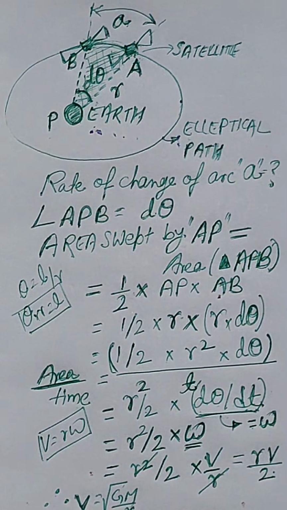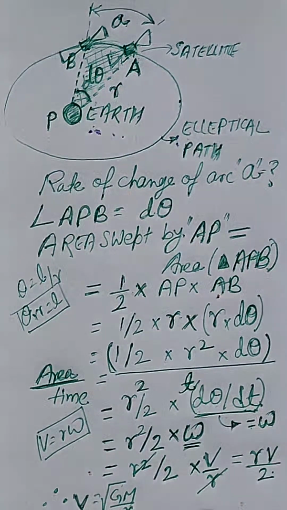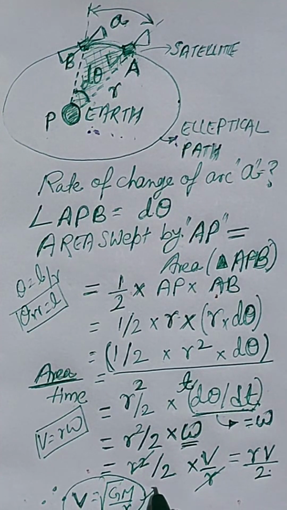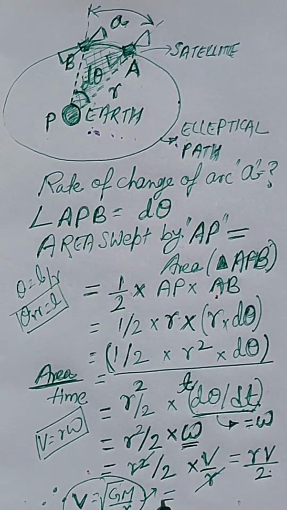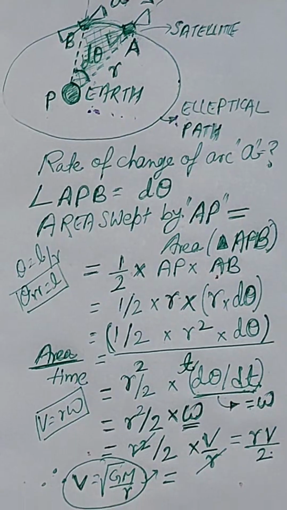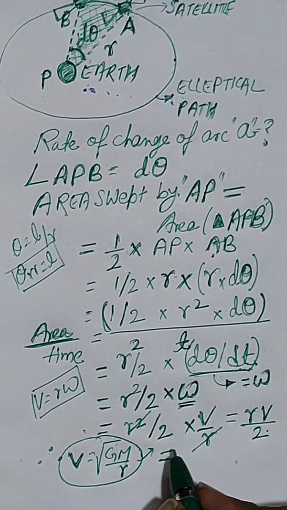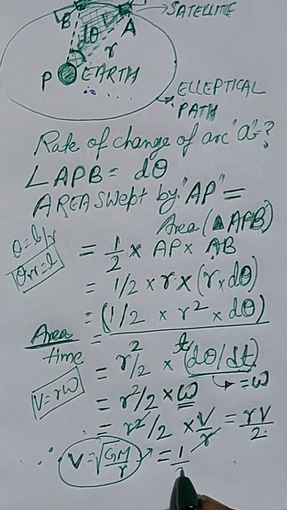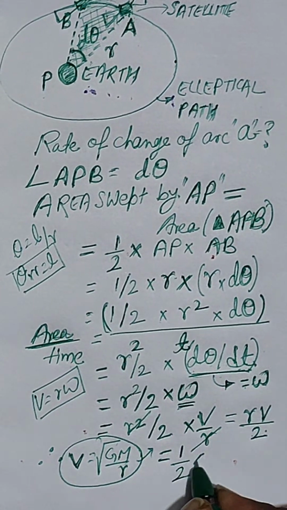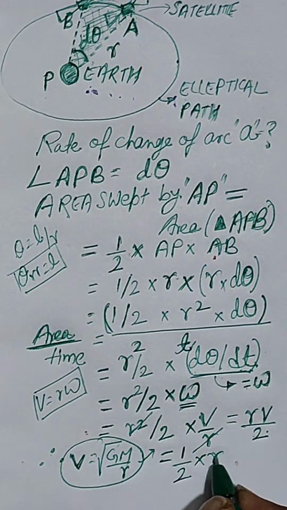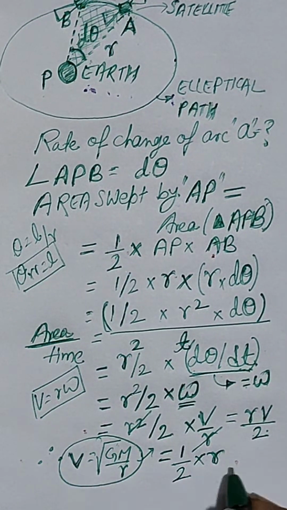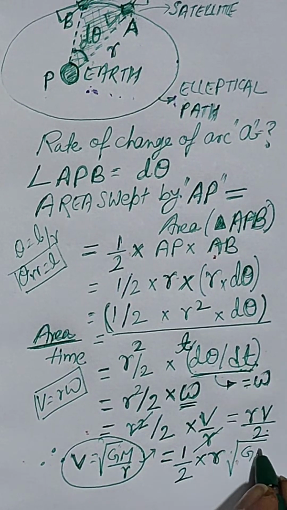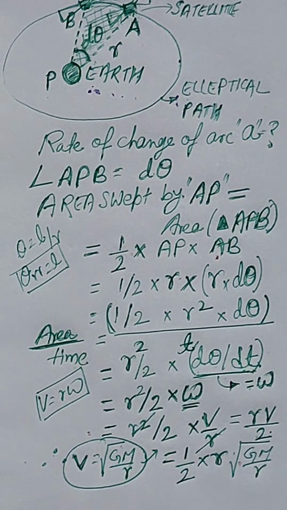Therefore, if you substitute this value over here, half rv can be written as half into r into root over GM by r.